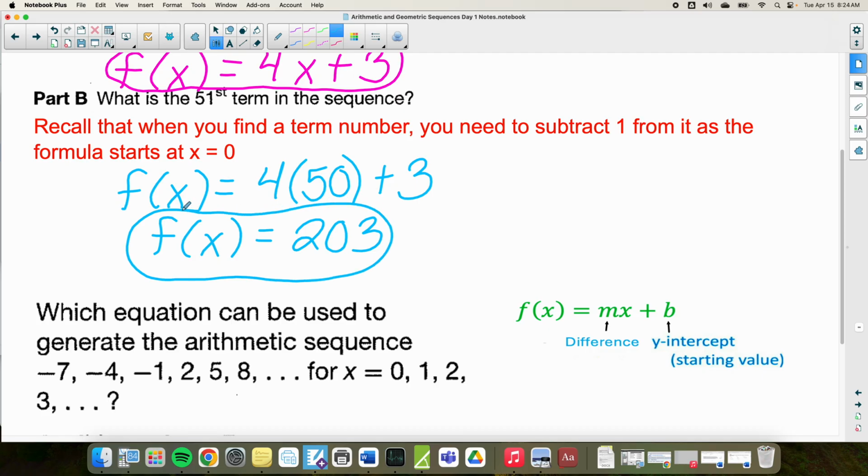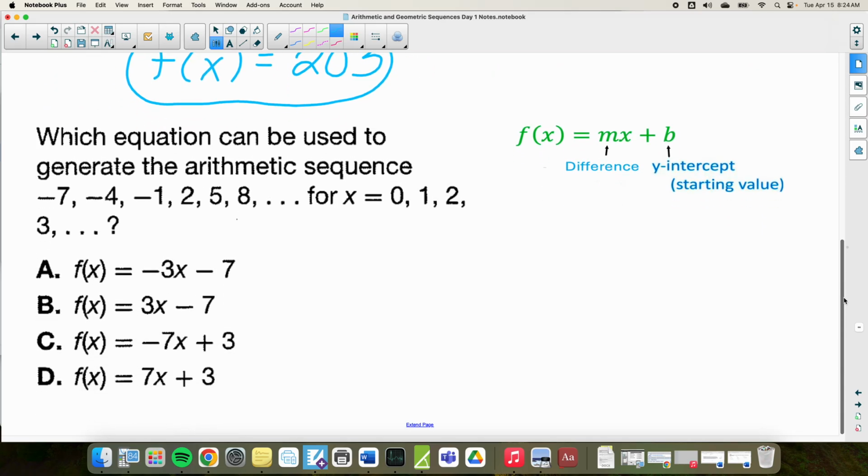All right. Now, if we look at this one, it says which equation can be used to generate this sequence? And again, your m is how much it changes each time. Like, what are they adding or subtracting each time? When you look at the positive numbers, it's probably easier to see that they're adding 3 each time.